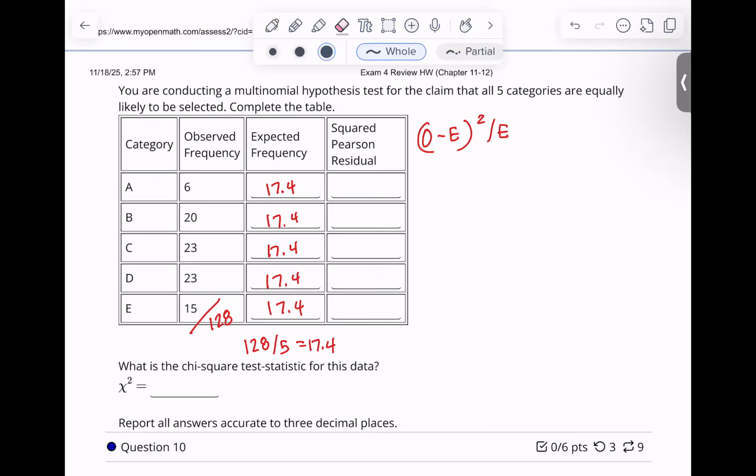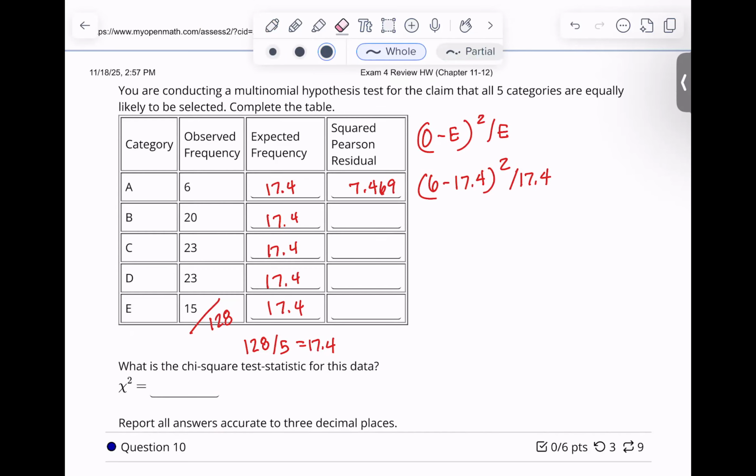So we take 6 minus 17.4, we take that result, and we square it, and divide that by 17.4. And I get 7.469.